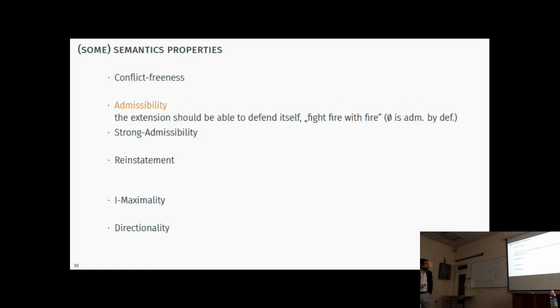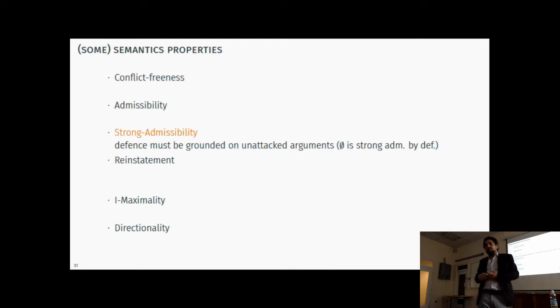You might also have the principle of admissibility, which means that you want the arguments in this extension to defend themselves. So if an argument receives an attack, somebody in this set of arguments that are collectively acceptable must attack back, must fight fire with fire. You might want to have strong admissibility.